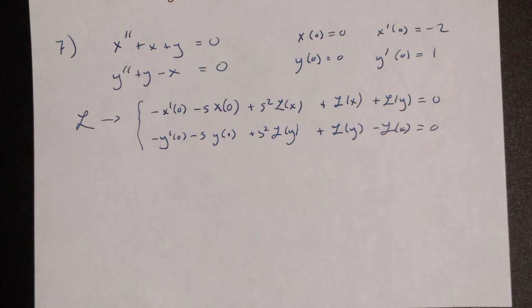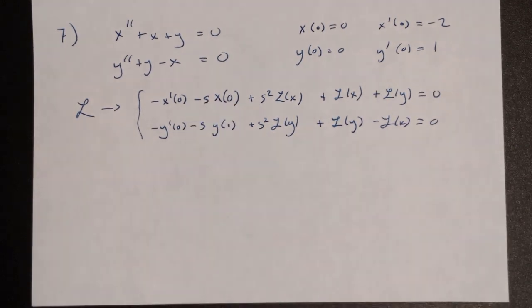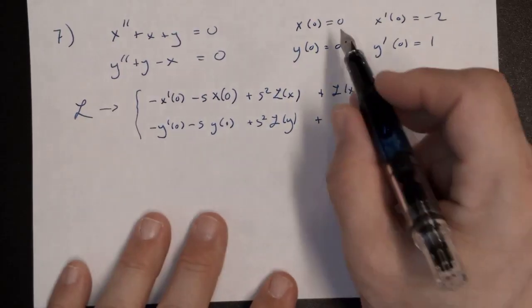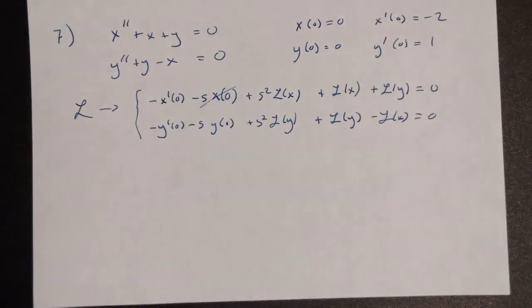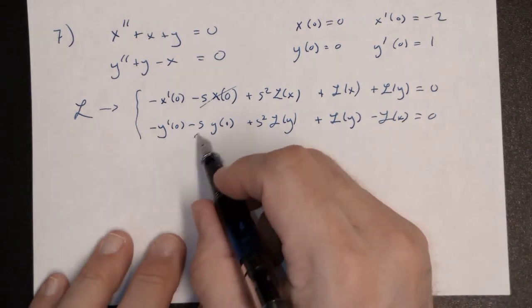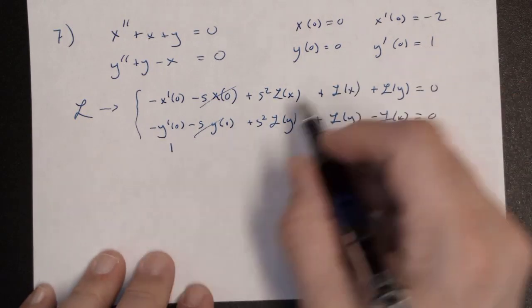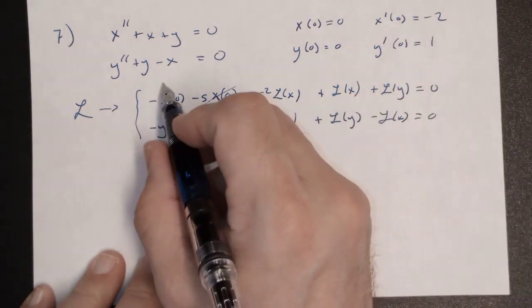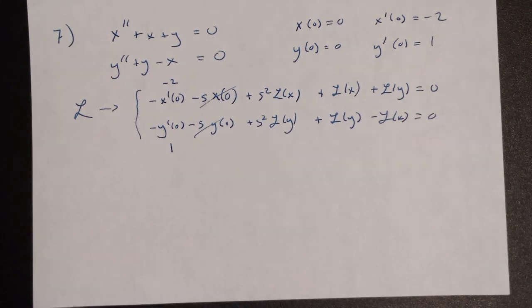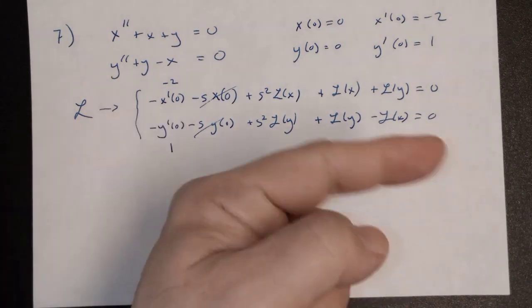What is x of 0? X of 0 is 0. What is y of 0? Same thing. Y prime of 0 is 1. X prime of 0 is negative 2. So those numbers are going to go to the other side.